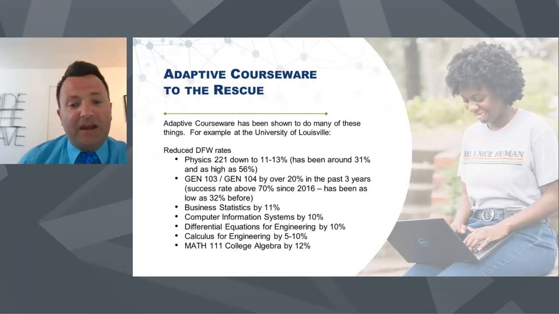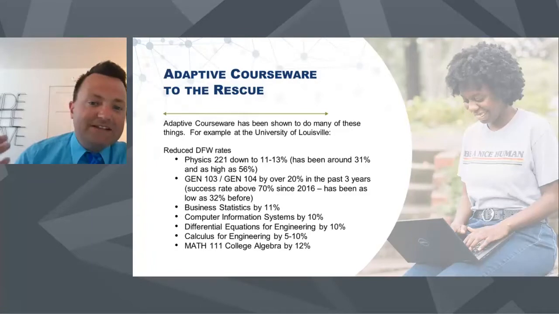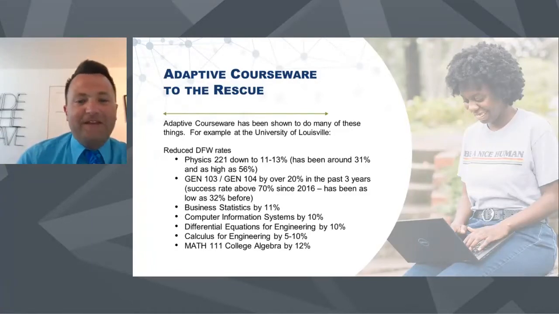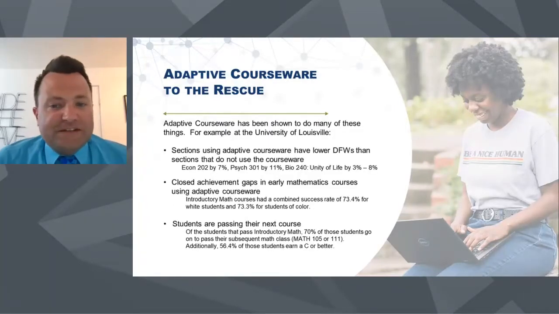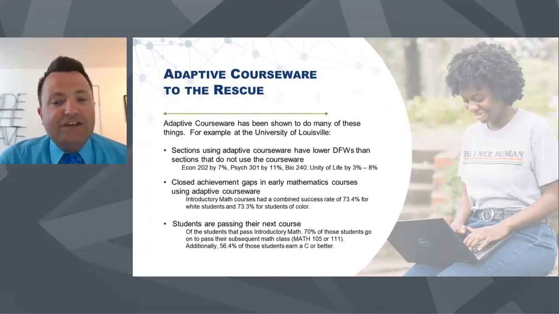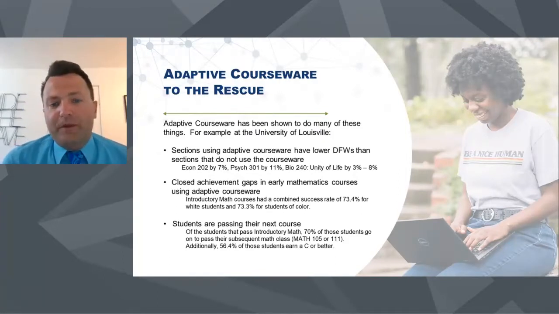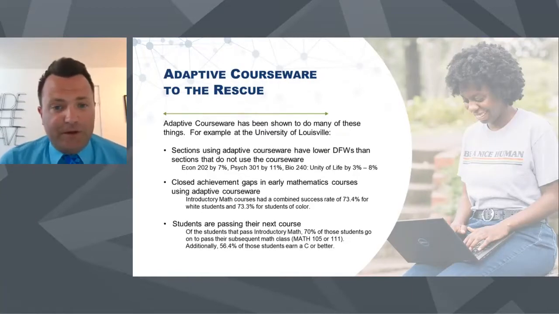And that's not to say that we have not done this in other courses, but since I'm specifically within the math department, these are what I had the greatest access to. But we've also seen in economics, psychology, biology, that sections where we used adaptive courseware were performing better than sections that did not use courseware.